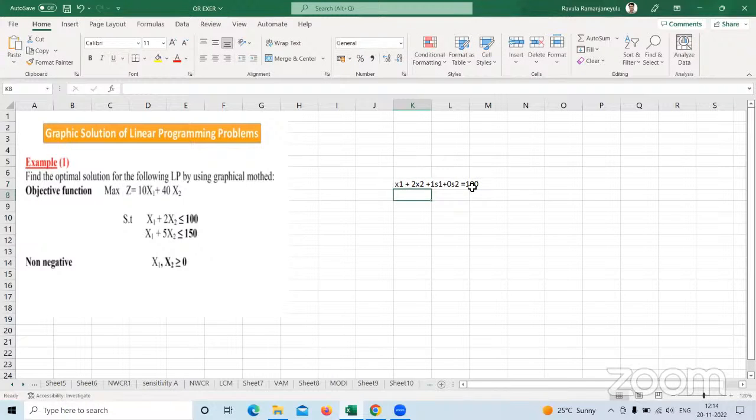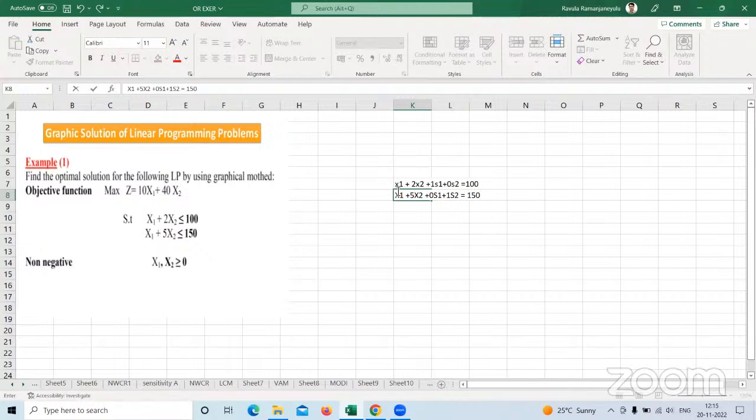Then the second equation: x1 plus 5x2 plus 0s1 plus 1s2 equals 150.